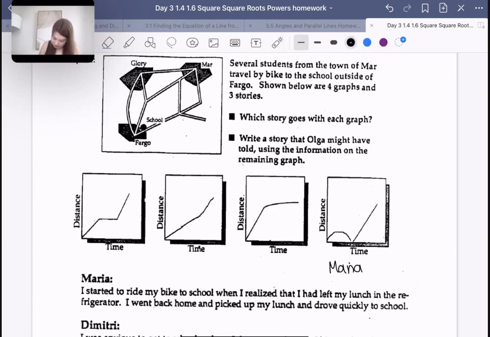Because it says she started out biking to school, and then she realized she forgot her lunch, so she went back, right? So she went backwards and ended up back at zero, the same distance as before from her home, right? With no distance gained because she went back home and then she quickly drove to school. So then here's the quickly driving to school part. Good. Okay.